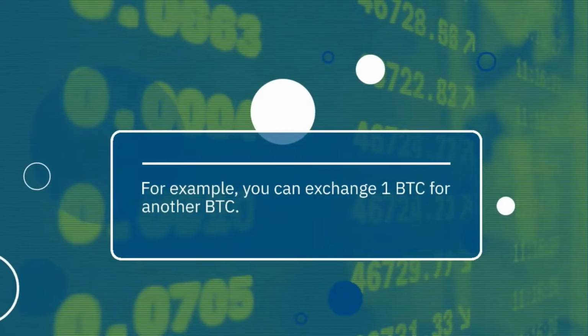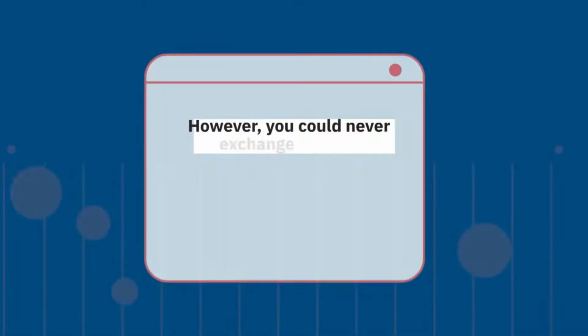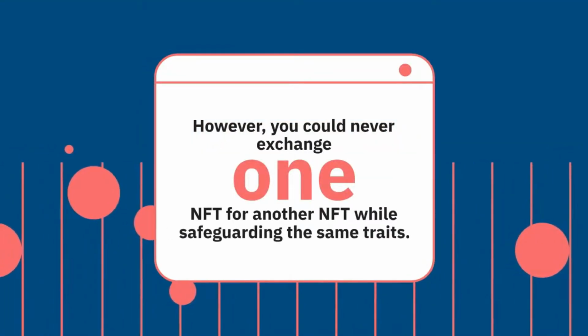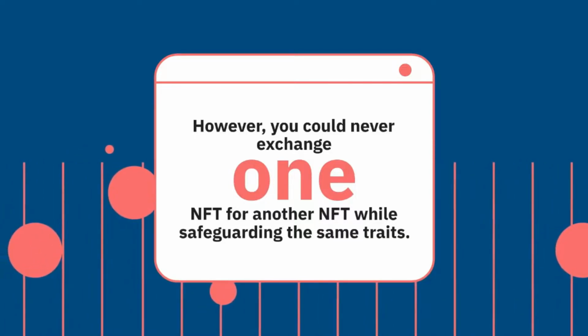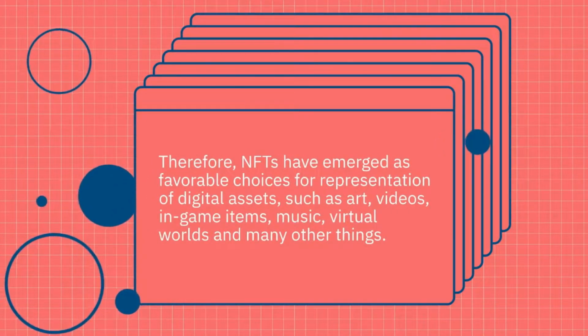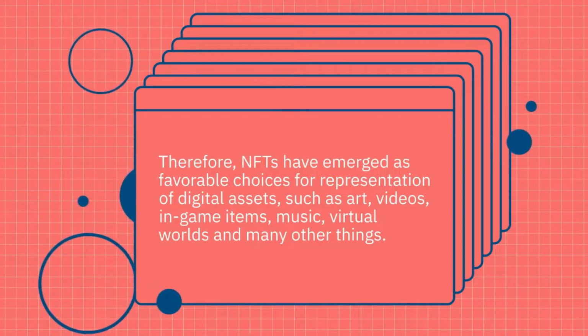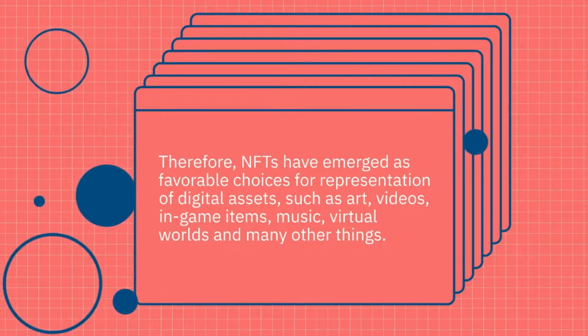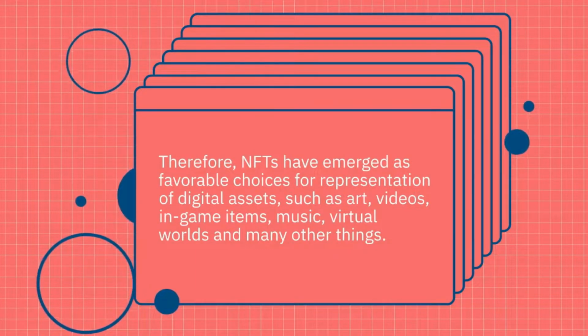For example, you can exchange one BTC for another BTC. However, you could never exchange one NFT for another NFT while safeguarding the same traits. Therefore, NFTs have emerged as favorable choices for representation of digital assets, such as art, videos, in-game items, music, virtual worlds and many other things.